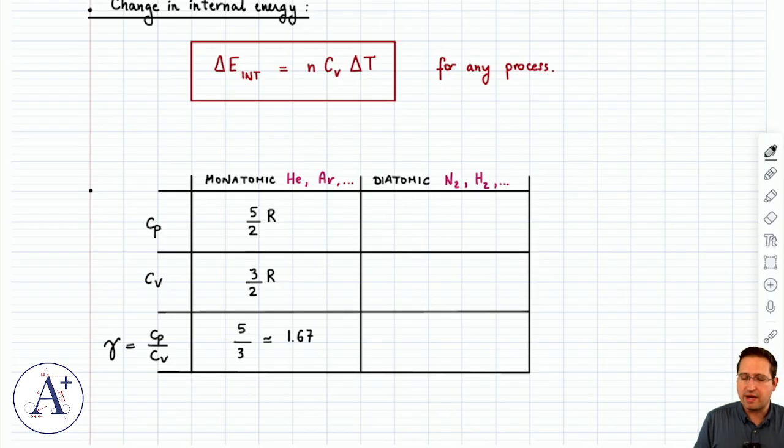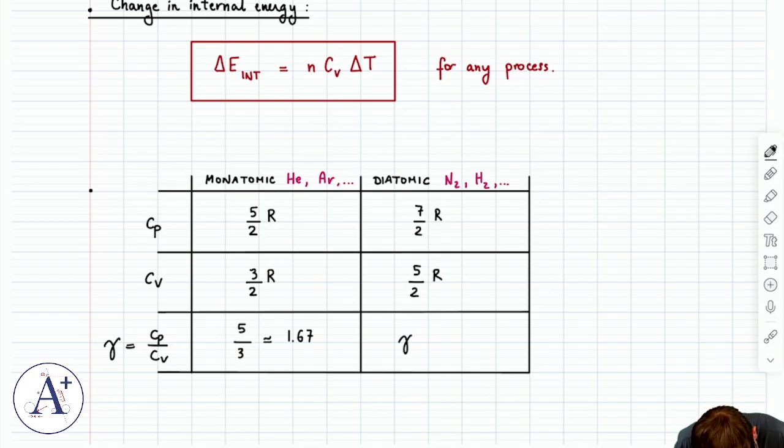Everybody's pretty happy with that rounded value. Diatomic gas is going to be Cp is 7/2 of R, Cv is 5/2 of R, and gamma is therefore 7/5, which is exactly 1.4. And Cp is always bigger than Cv.